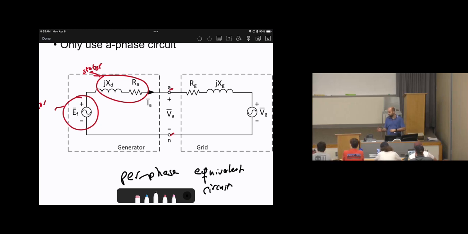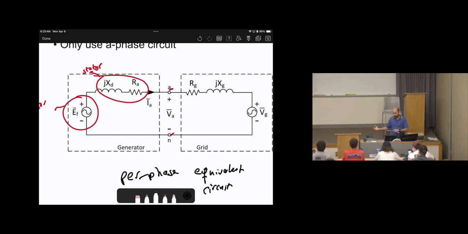Now, since we are in AC, it will not only be a series resistor, it will be a series impedance. That impedance most likely will be based on a resistor and inductance, because the vast majority of the loads are based on motors. And the equivalent circuit of motors are inductors. That's why we have resistors and inductors.